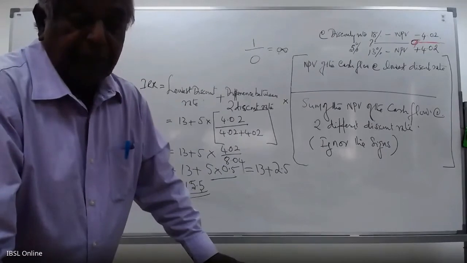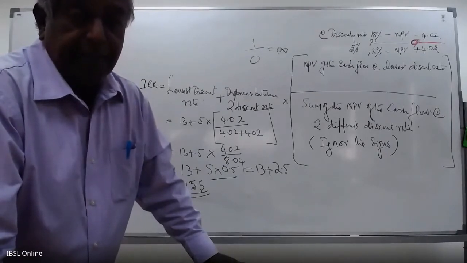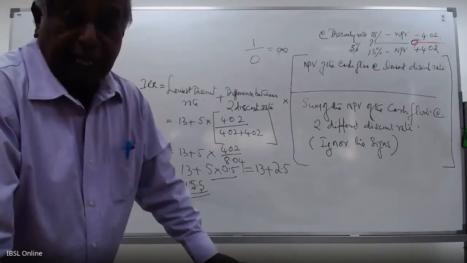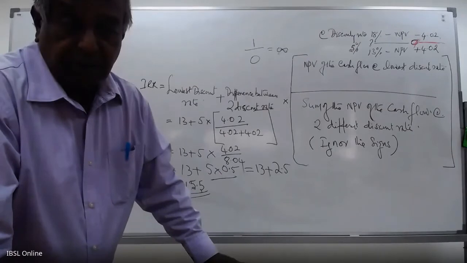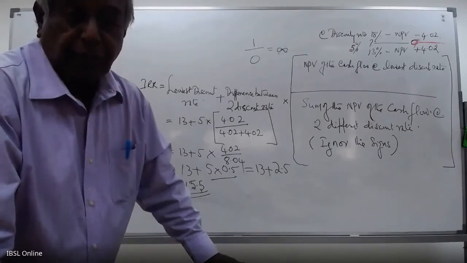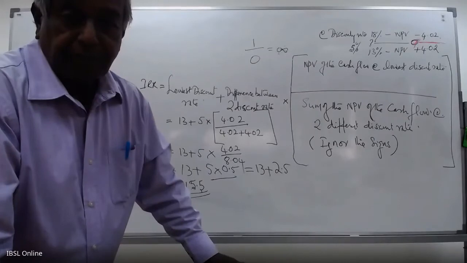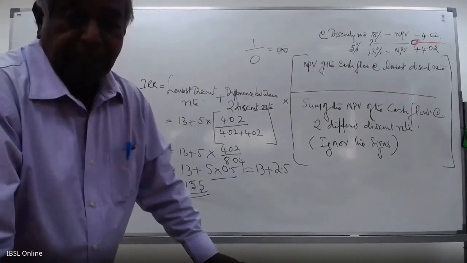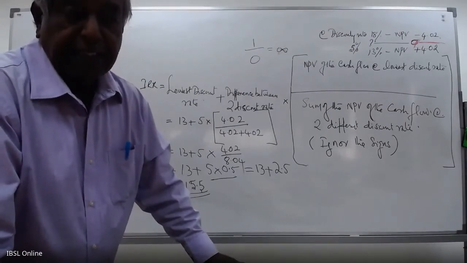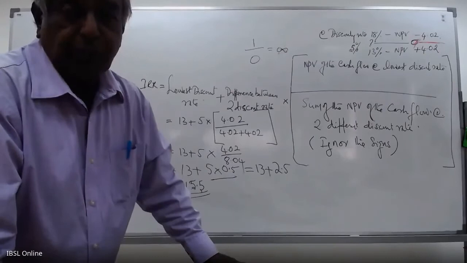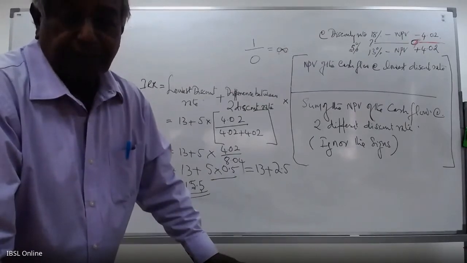When the discounting technique is applied to a cash flow to convert the future values of the cash flow to present value, that cash flow is called discounted cash flow.